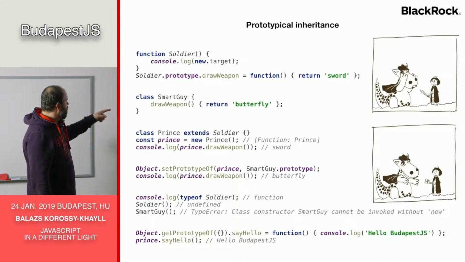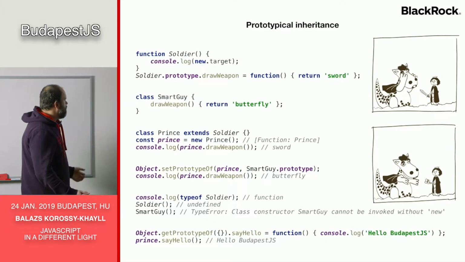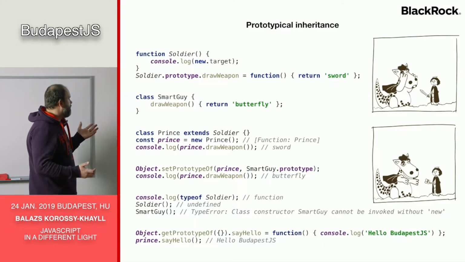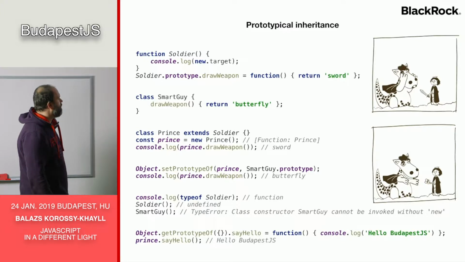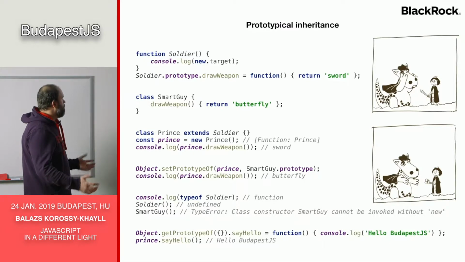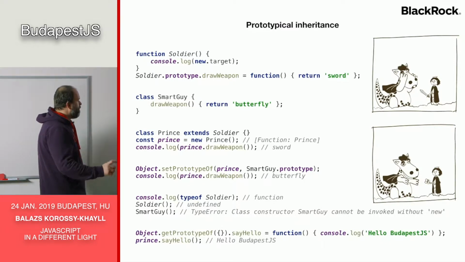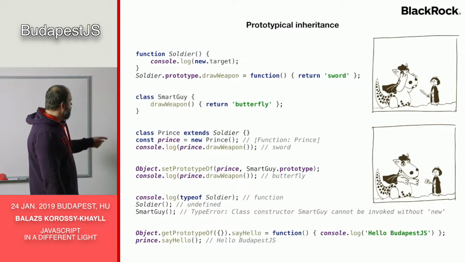And then, of course, you can invoke this function, and it's going to return sword. So here's the trick. You can change the prototype of Prince to SmartGuy. And then if you invoke the function, it's going to behave differently. So that's the power of this prototypical inheritance.